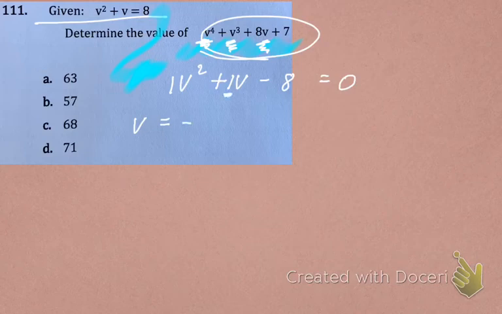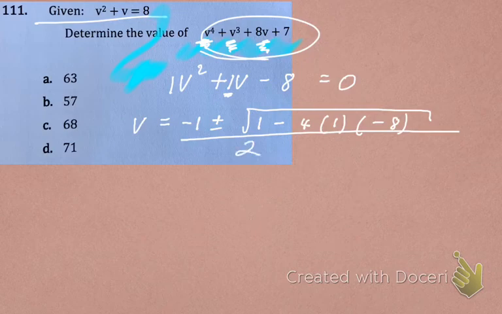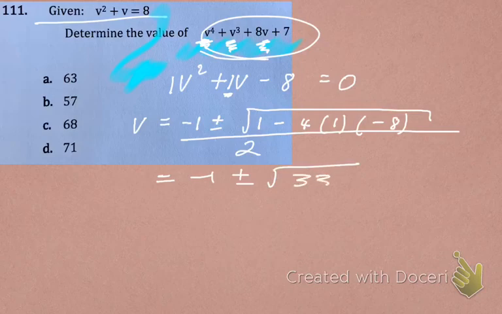B is of course 1, that's minus 1, plus or minus the square root of b squared, which is 1 squared, minus 4a, where a is 1, c is minus 8, divided by 2a. If you simplify this, it will eventually give you the square root of 33. So it's minus 1 plus or minus the square root of 33 over 2.